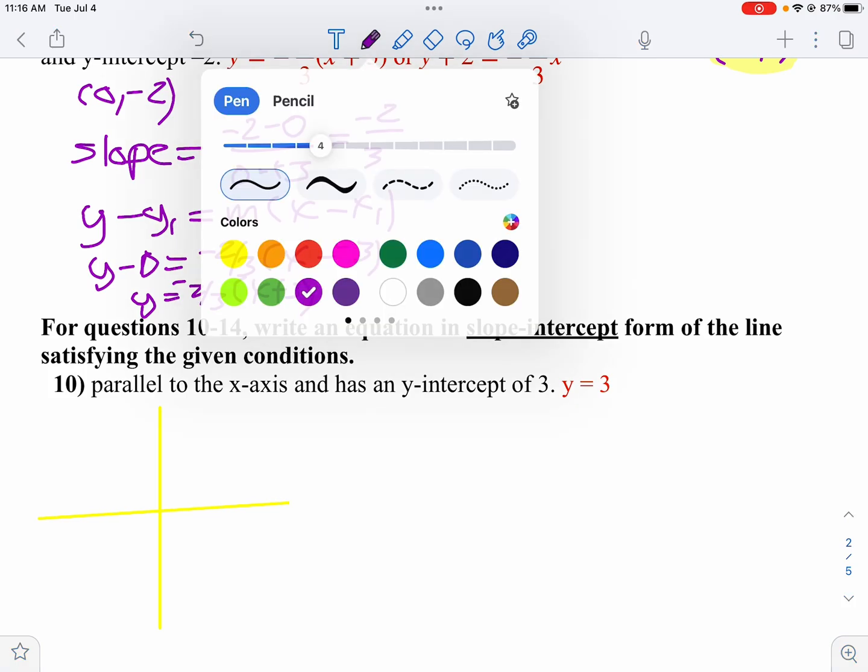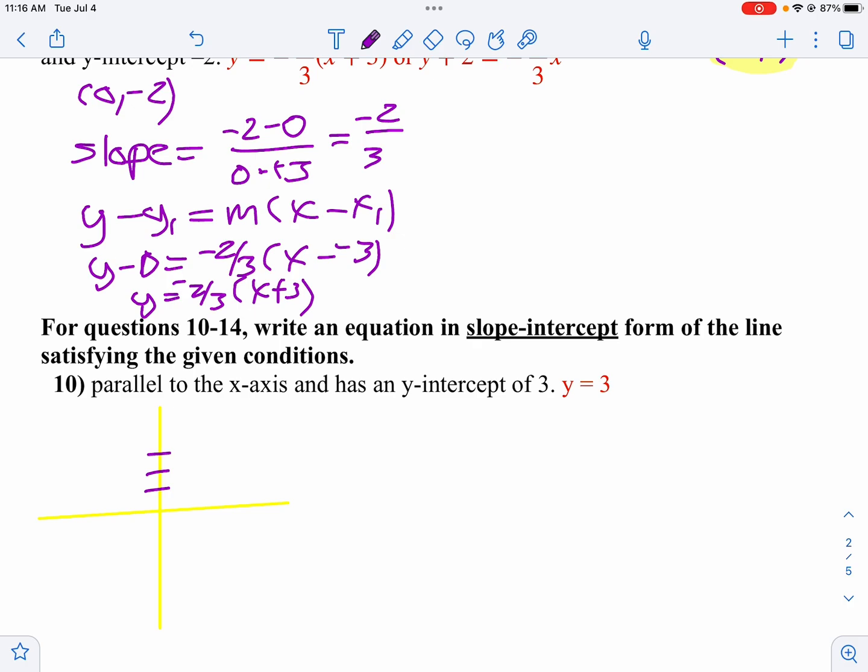I didn't draw my graph very nice: 1, 2, 3. And it's parallel to the x-axis. Well, that means my slope is 0 because it's a horizontal line. So it's y equals 0x plus 3, which will just simplify to y equals 3.